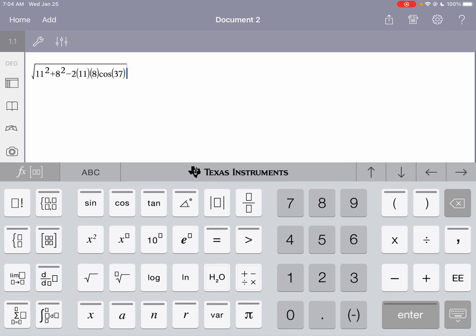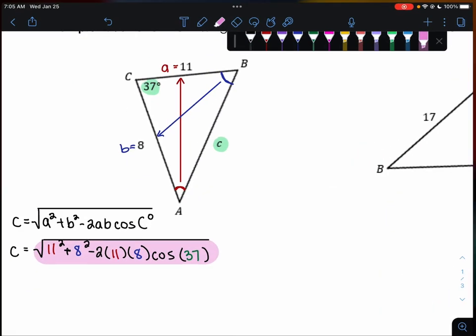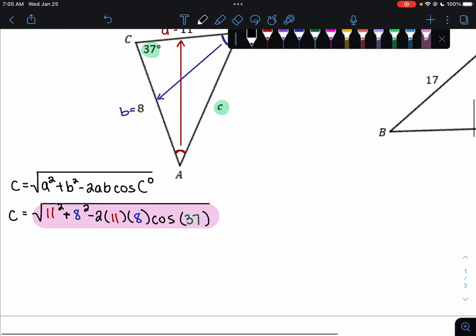So make sure that yours looks exactly like mine when you type it in. If you need to pause to make sure, pause the video. When we press enter, we get 6.666. So that means we round it to 6.67. So we're going to write our answer. C equals 6.67.